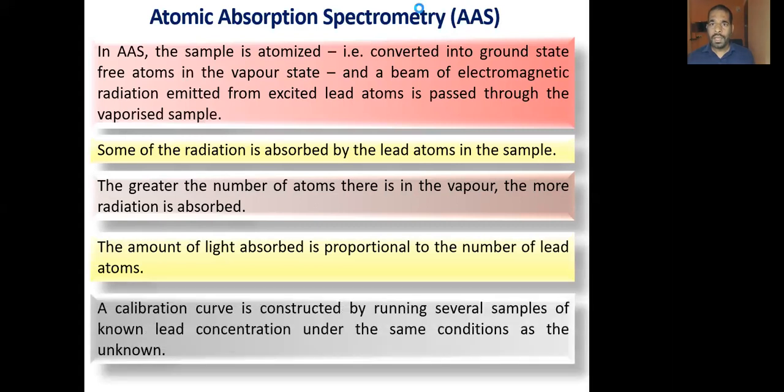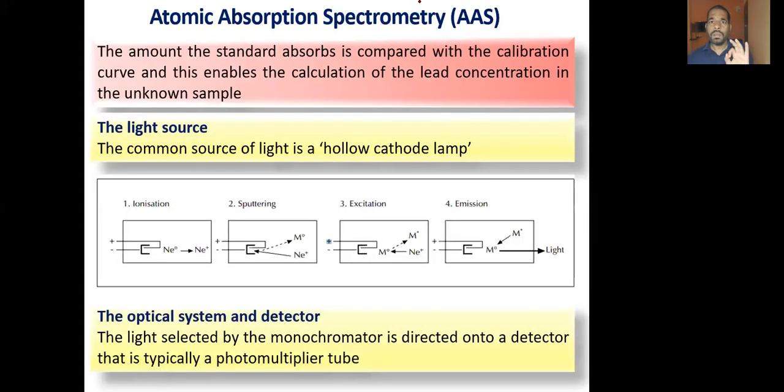Then the amount of absorbance is compared with the calibration curve, and this enables the calculation of the lead concentration in the unknown sample. So at the end we use the calibration curve to calculate the concentration of the substance.